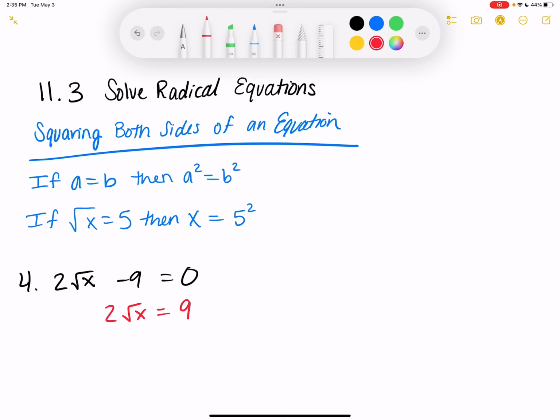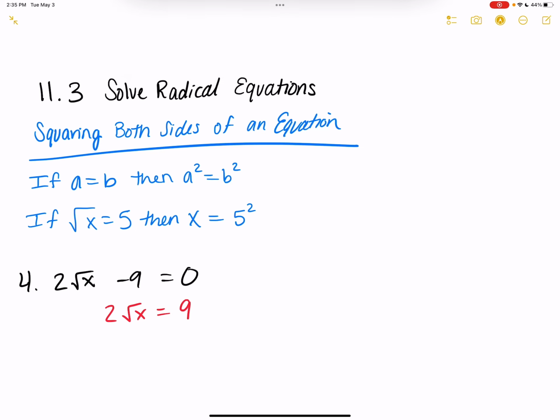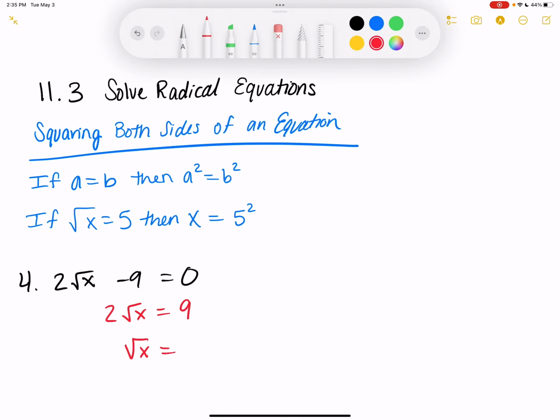Okay, what do I need to do next? Divide by 2. Square root of x is equal to 9 over 2. Now I'm going to square both sides according to this up here.